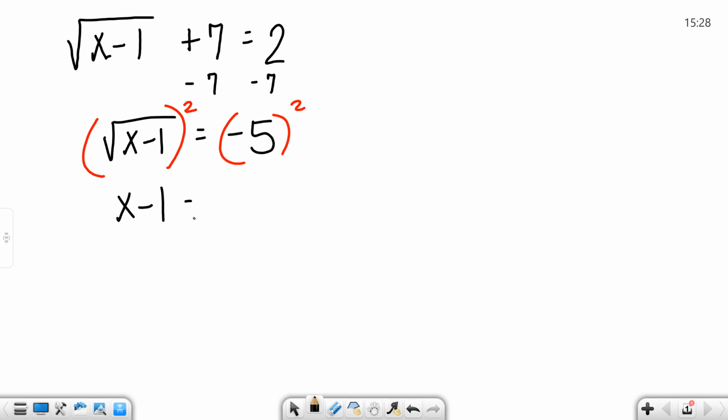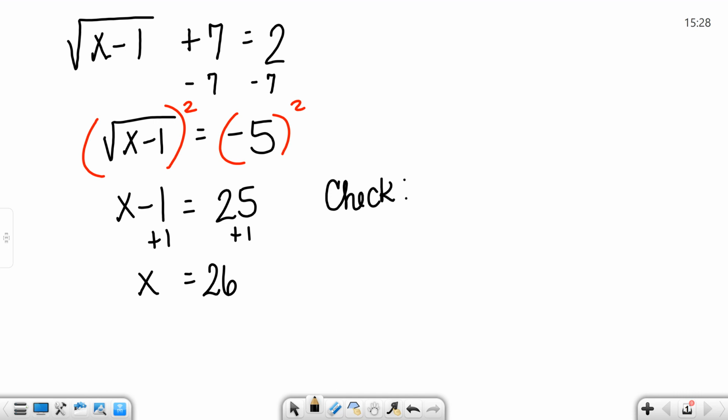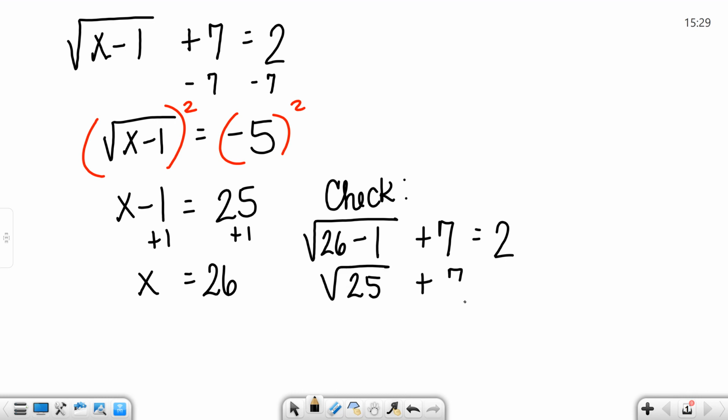I get x minus 1 is positive 25. Add 1, and I get x is 26. So now I want to go and check my answer. Go to the original problem. Okay, so I plugged in my 26.